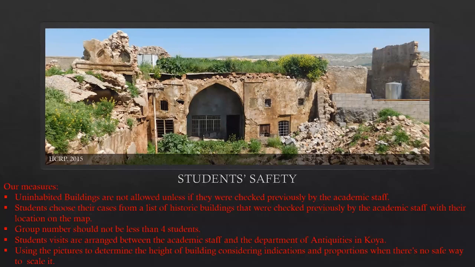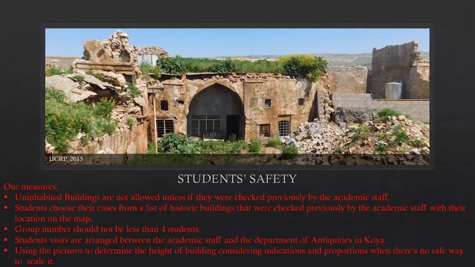If you have watched my earlier presentation, if you remember, the only historic buildings that were registered by the Department of Antiquities Services in Koya were only 18 buildings and features, while our list consists of 85 buildings and features that deserve documentation. But recently we could manage to do that.